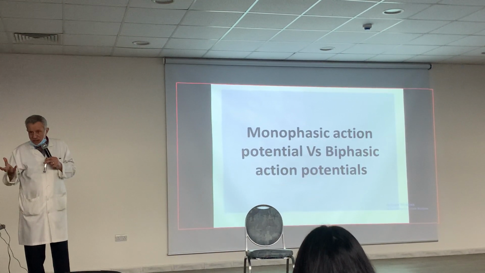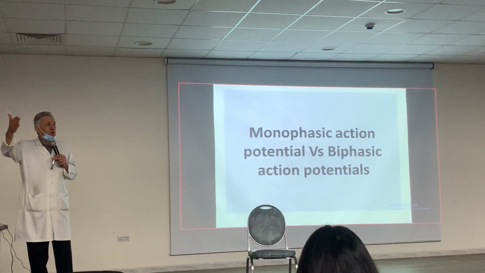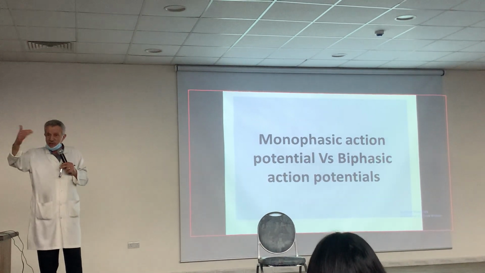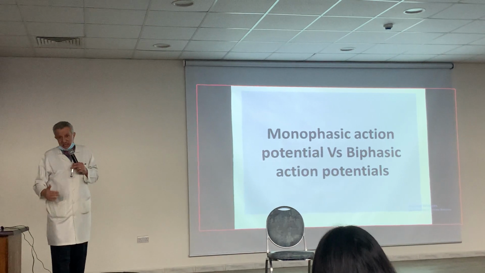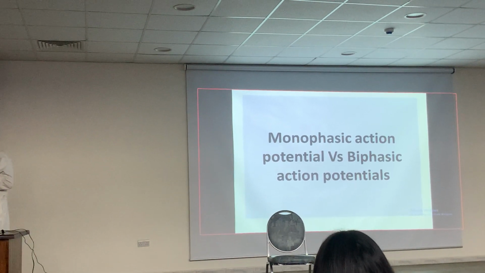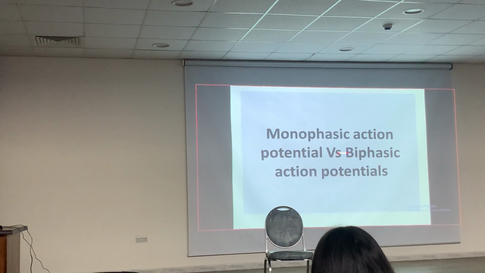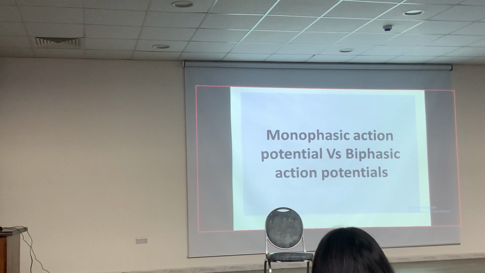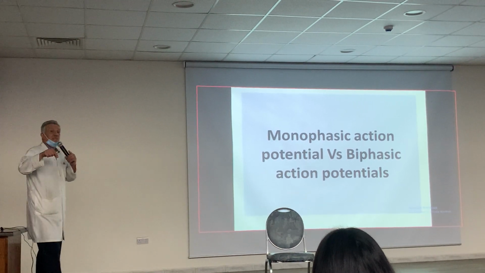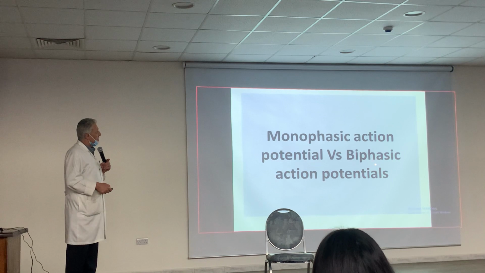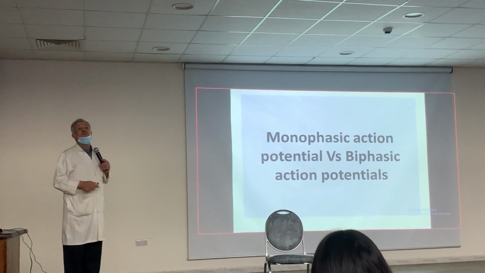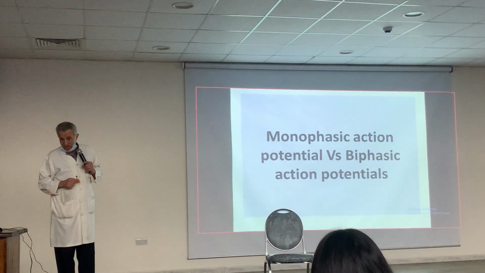What you get above zero, in the positive direction, or below it, in the negative direction, you can record as potential. These potentials, recorded by placing the two electrodes outside, are what we call recording of biphasic action potential.